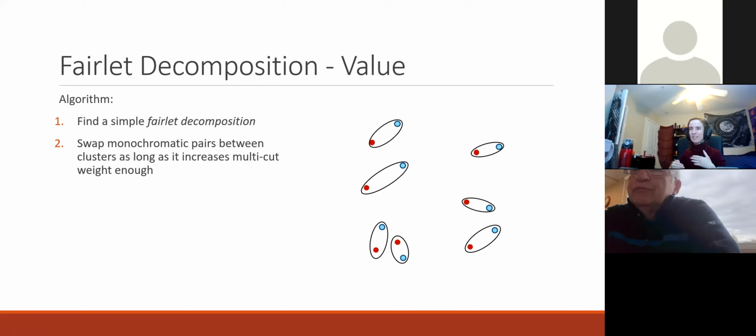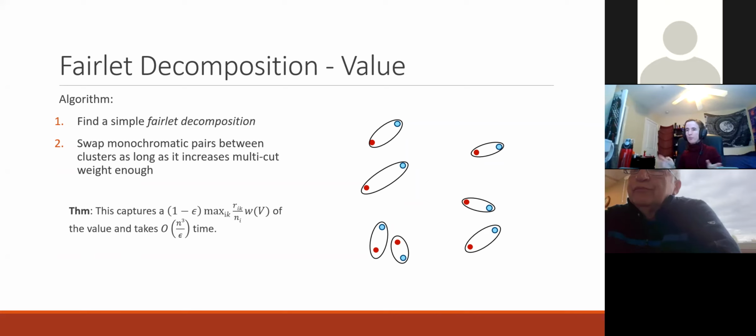As long as that increases the weight of the cut significantly, we will swap the membership of those points. So we run this local search algorithm until we can't anymore, and we can show that it captures some fraction of the system value and is relatively efficient.